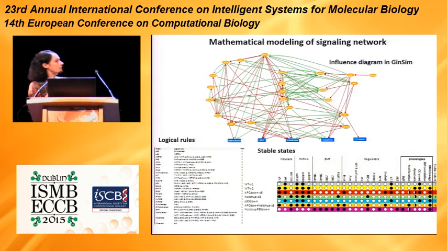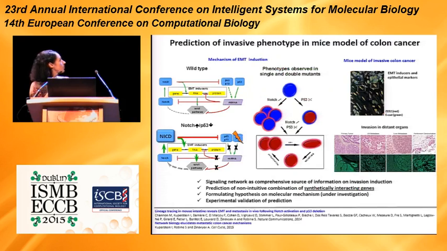We used that model for mathematical modeling, and we interfered with each gene or each pair of genes on this network, in silico, of course. And applying these logical rules, we actually arrived to the conclusion that in order to achieve a metastatic phenotype, one has to interfere with Notch or its cleaved product NICD together with P53.